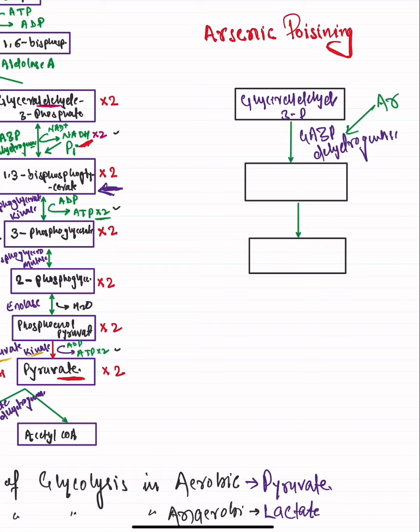The arsenic will add. That means 1-arseno-3-phosphoglycerate. Actually, this is the inhibitor of this glyceraldehyde 3 phosphate dehydrogenase.